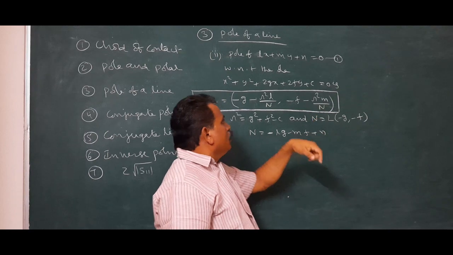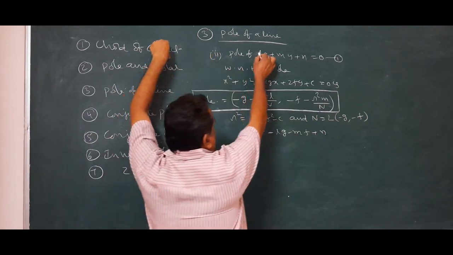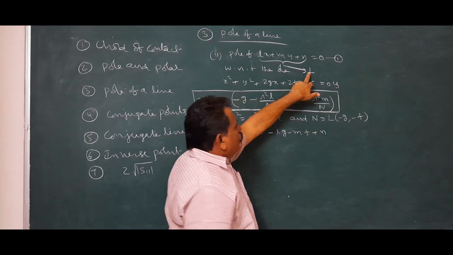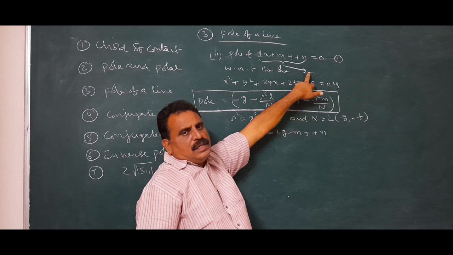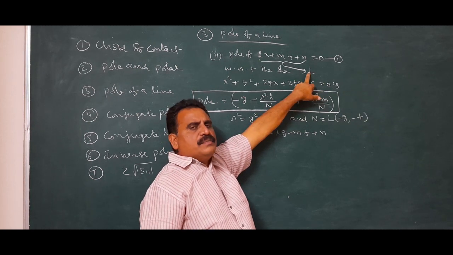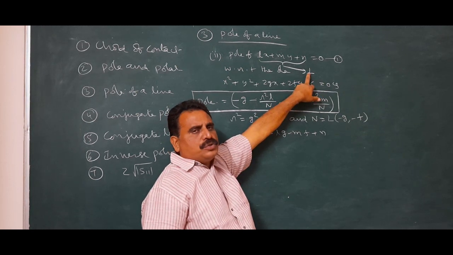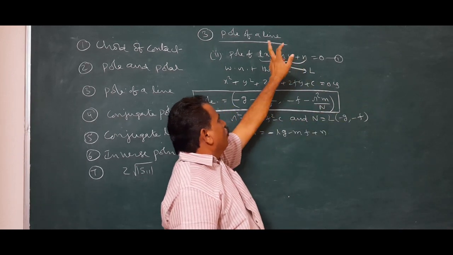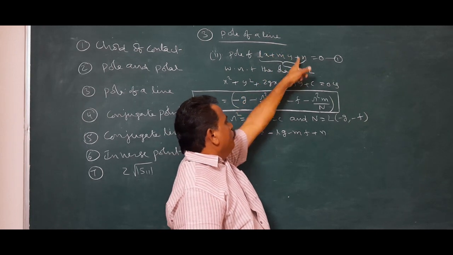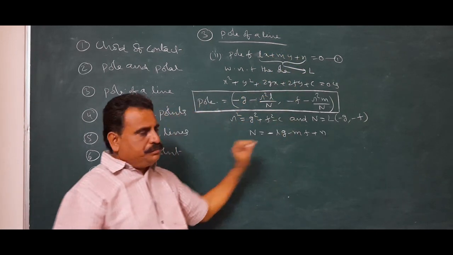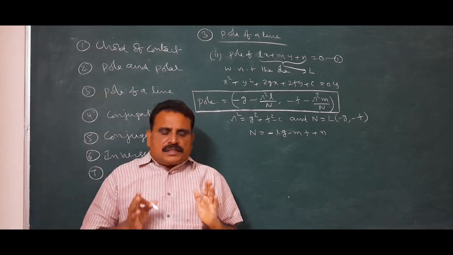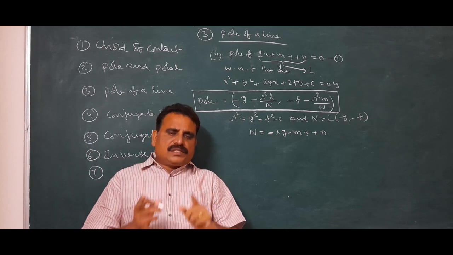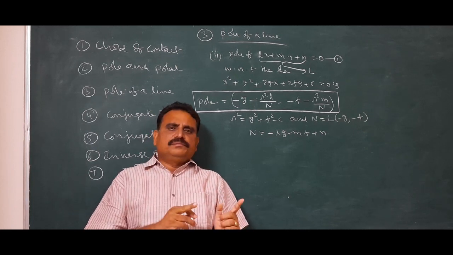N equal to, in this line, this is the line L. In this line, you have to substitute the center. Instead of x and y, the center of the circle is (minus g, minus f). We just substitute minus g in place of x and minus f in place of y. We get minus Lg minus Mf plus N. That is capital N. So, if the circle center is not origin, take the center C (minus g, minus f) and radius r.